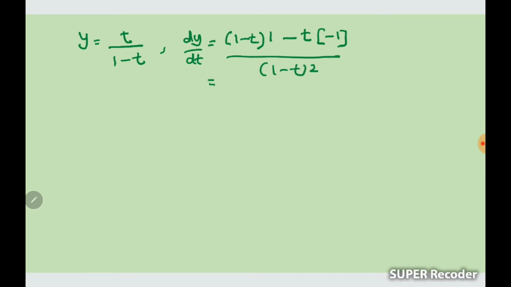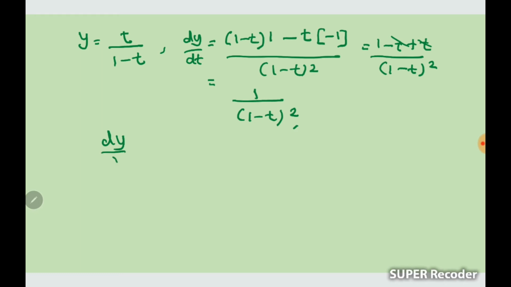Simplify, you will get 1 minus t plus t over (1 minus t) squared. Therefore, negative t plus t cancel out, so the answer is 1 over (1 minus t) squared.